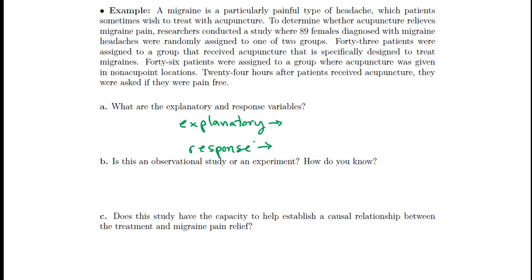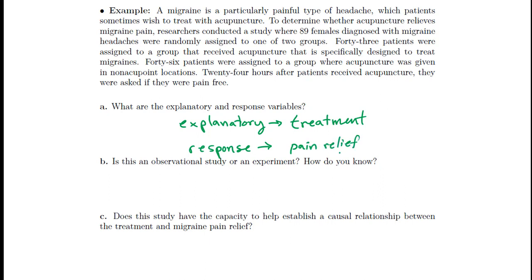All right, so the explanatory variable and the response. Well, what are they looking at? They're looking at pain relief, and they're looking at whether someone got the actual treatment or not. So, of course, what they are looking for is whether the treatment might explain pain relief, right?